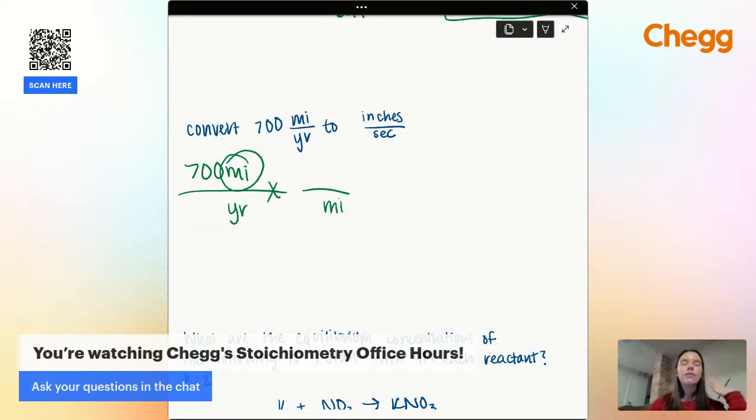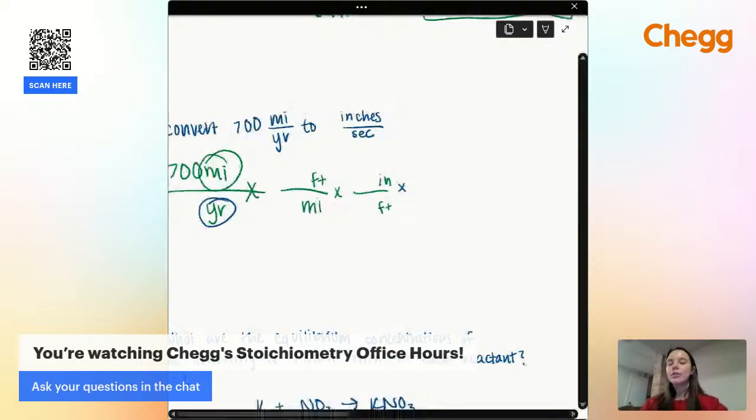One conversion I know off the top of my head is miles to feet. So we're going to do feet to miles, and then I know feet to inches. Then I'm going to look at the bottom, and I want to go years to seconds.